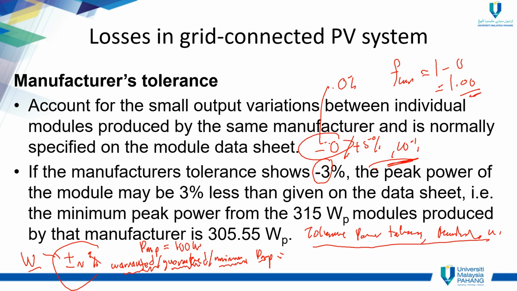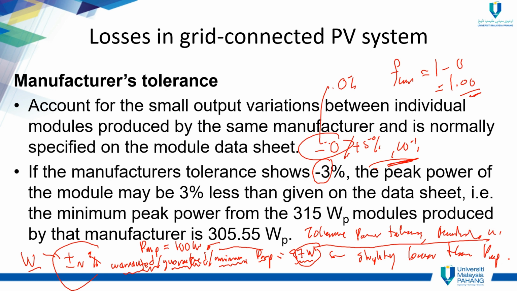Usually this value will be slightly lower than PMP. For example, 97 watts. The clue is this value will be slightly lower than PMP.